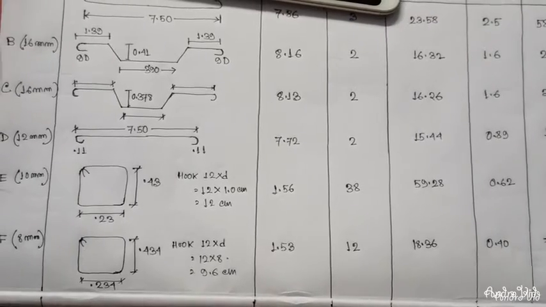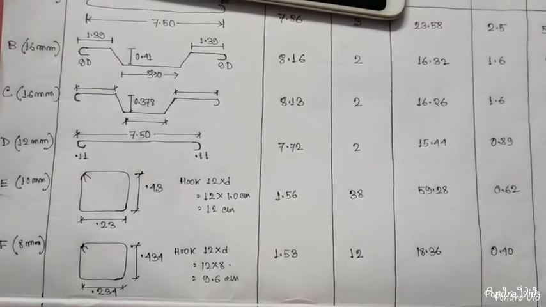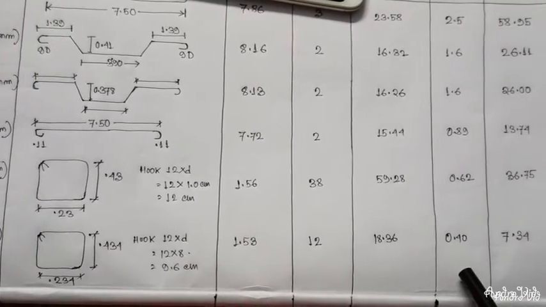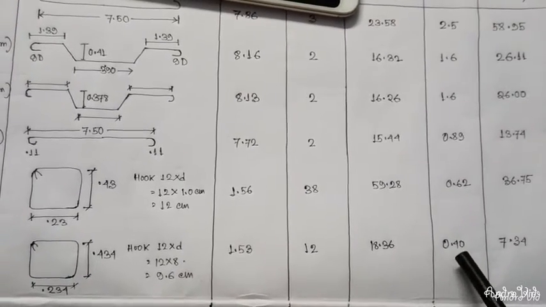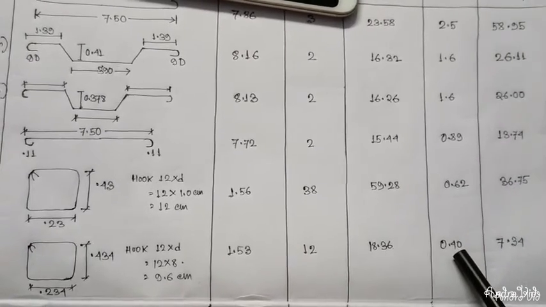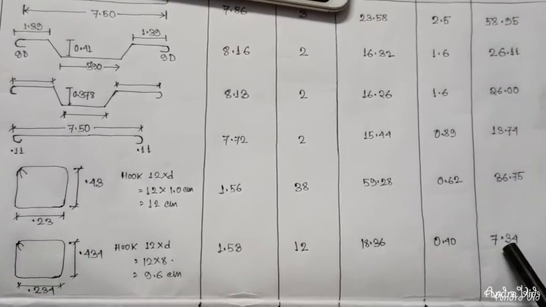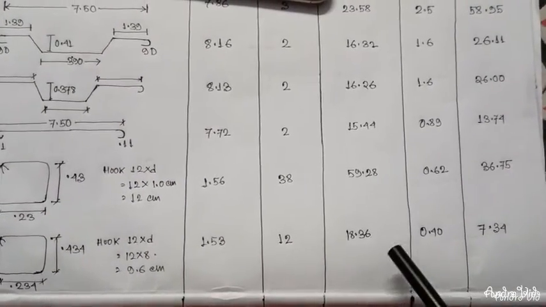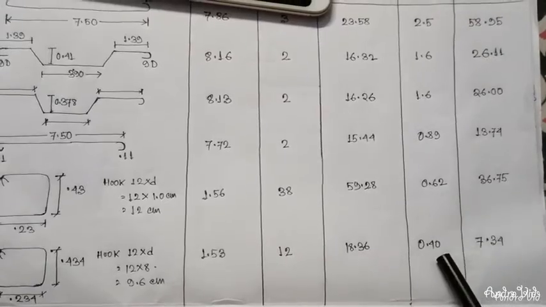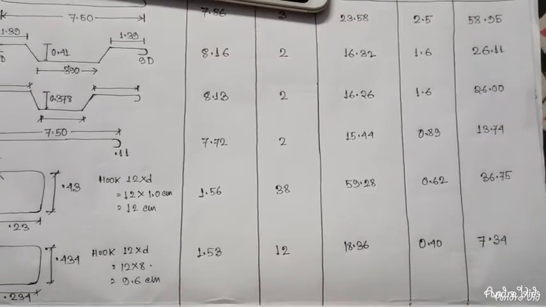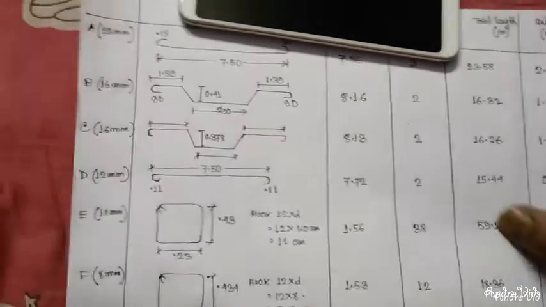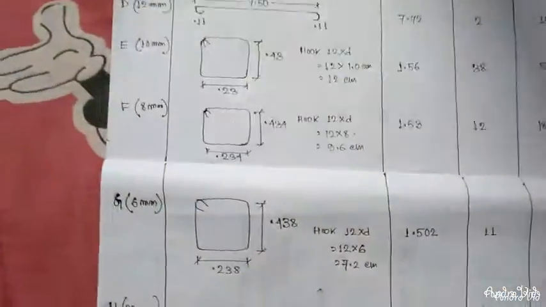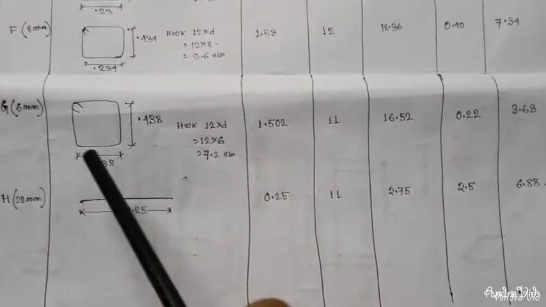So the total length of these 12 stirrup bars is 18.36 meter, and the unit weight given is 0.40 kg per meter. So the total weight of type F stirrup bars, after multiplying total length into unit weight, is 7.34 kg.